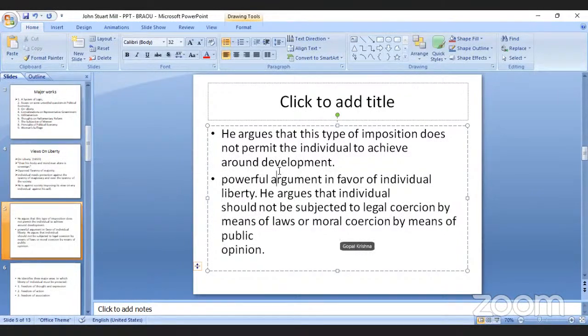Because he believes that if society is trying to impose such kinds of ideas and other things on individuals, he may not be able to develop. So as per J.S. Mill, if an individual wants to develop, the society should not interrupt him. So he believes in the laissez-faire system.